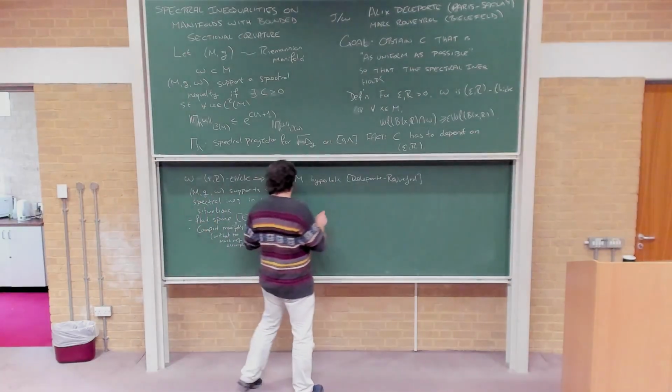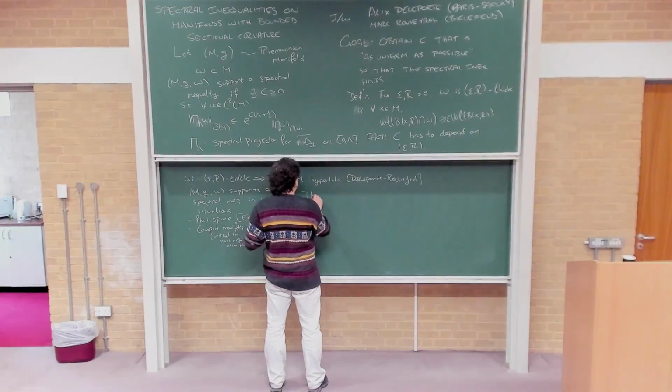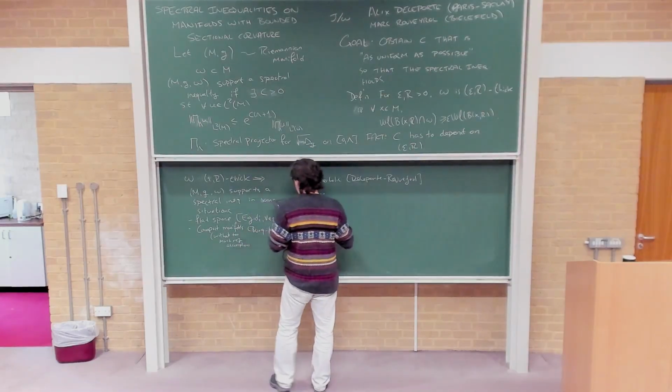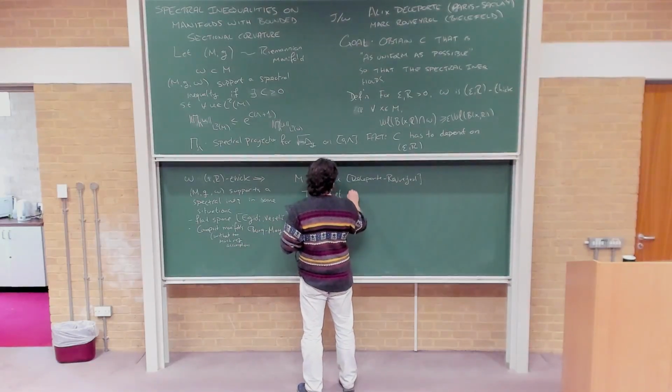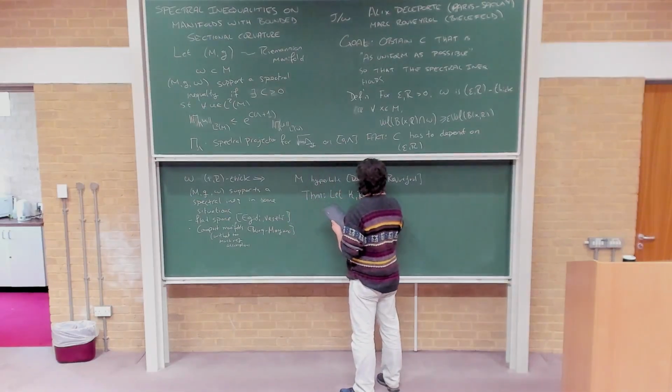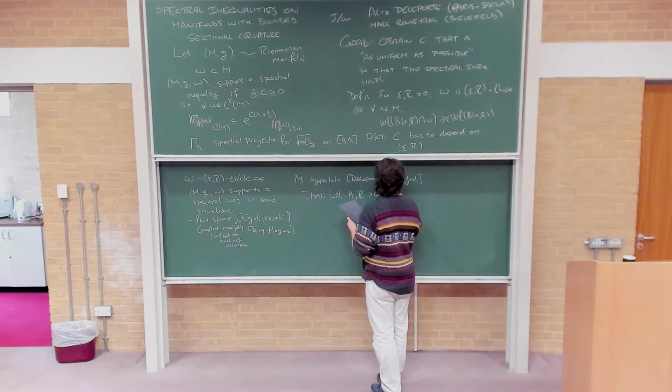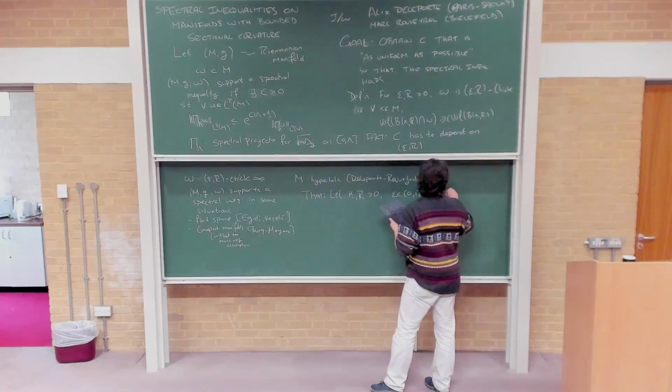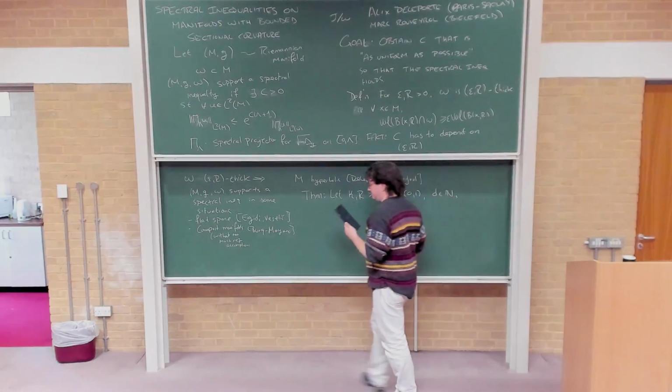And the theorem that we prove is, so let kappa and r be greater than 0, epsilon in (0,1), and d some natural number.